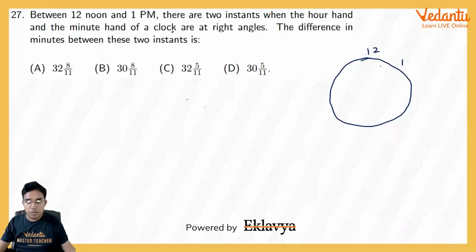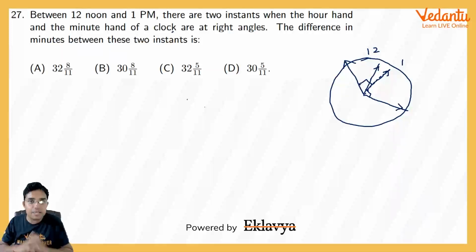Between 12 and 1, my hour hand is here and the minute hand is somewhere here, so that the angle between them is 90 degrees. After some time, the hour hand will come here and the minute hand will come here, and then also the angle between them will be 90 degrees. So they are asking the difference in minutes between these two instants.